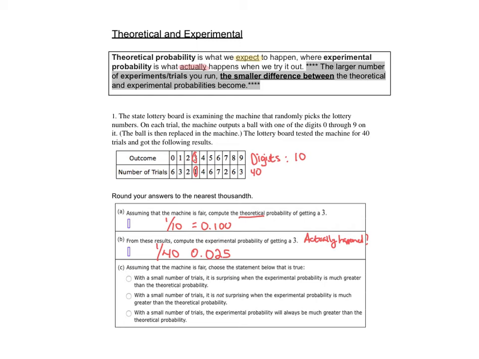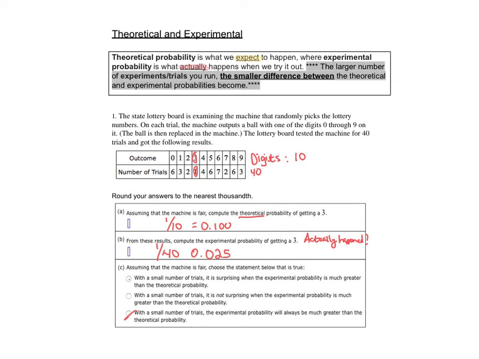Well, let's take a look at this. Is our experimental probability greater than the theoretical probability? It is not. That one's out. Assuming the machine is fair, is it surprising when the experimental probability is greater, or is it not surprising when it's much greater?